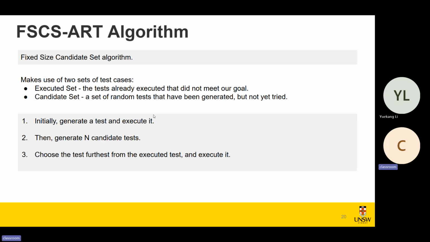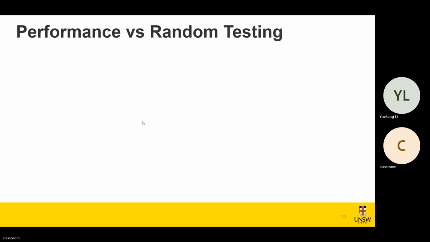So this is very simple and straightforward. However, there are some decisions we need to make in this process, right? You could see that we need to choose the test which is furthest away from the executed tests. And how do we determine this distance is a problem, right? So we need to have some strategies.